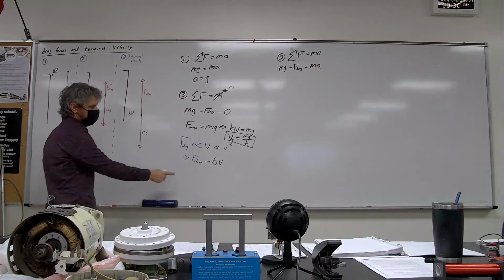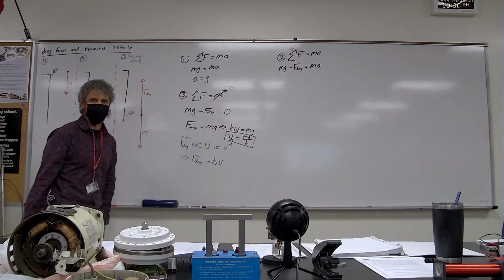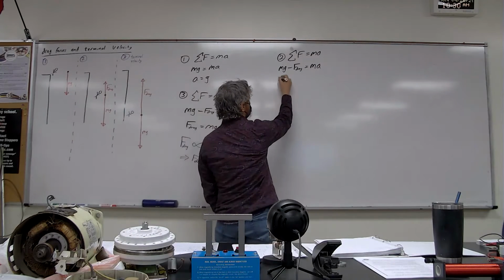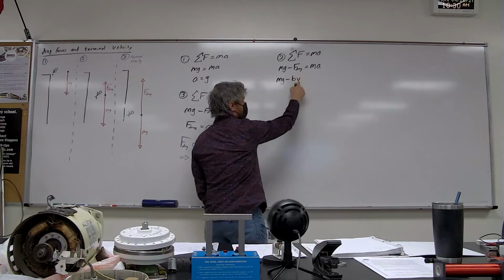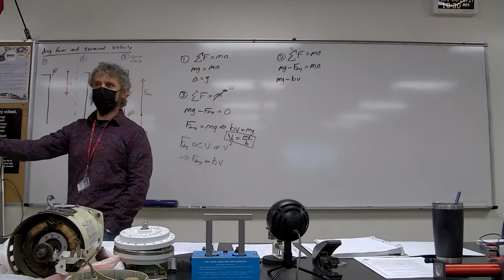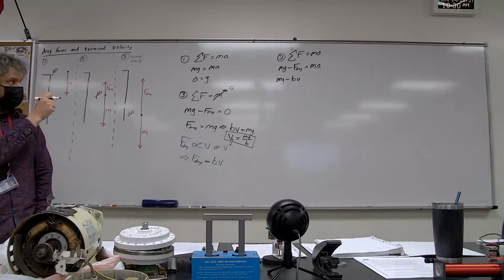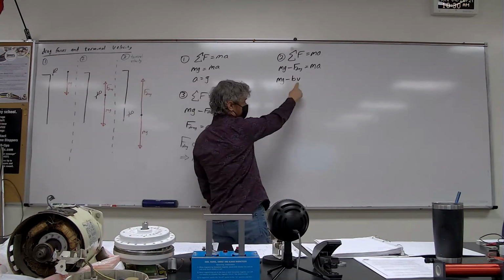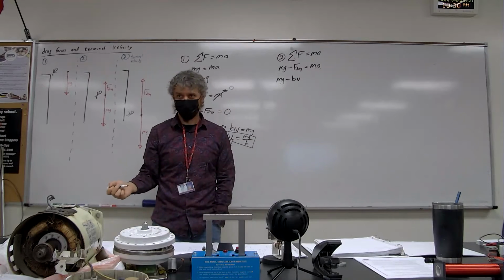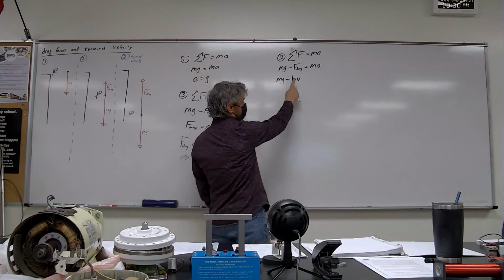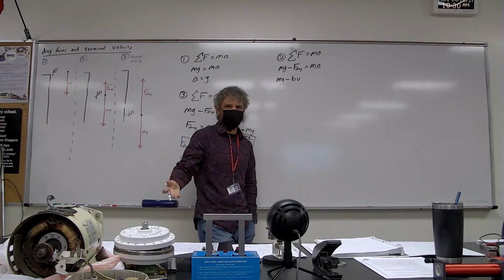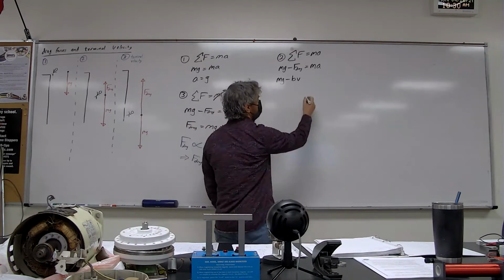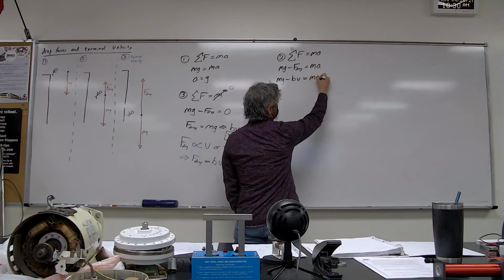The drag force we're going to say is proportionality constant b times the speed v. So mg minus bv. This v is now not terminal velocity. That v is the function, the velocity that's changing, right? So you could say b times v of t, right? That velocity is a function of time. The more time goes, the bigger that speed's going to be. And that's going to be equal to the mass times the acceleration.